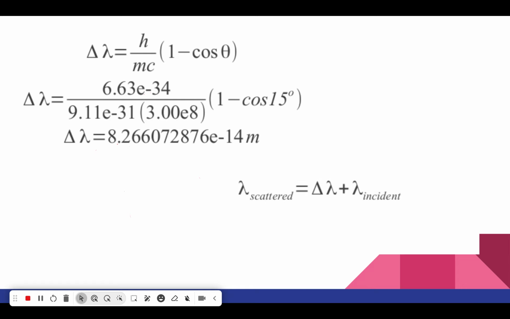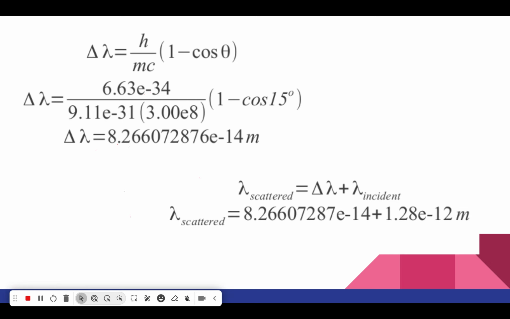I can rearrange it to find the scattered wavelength. I'm going to add lambda incident to both sides, and then I end up with lambda scattered equals delta lambda plus lambda incident. And that makes sense, because we know that the scattered wavelength is bigger than the incident. I'm taking the incident, adding the delta, and I'm going to get something bigger.